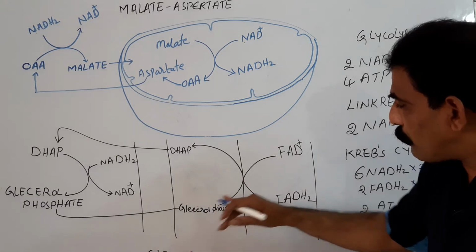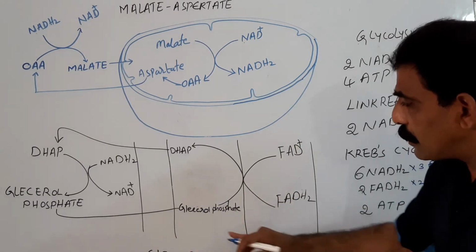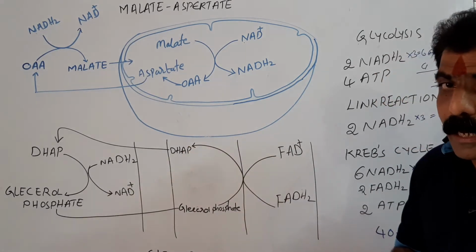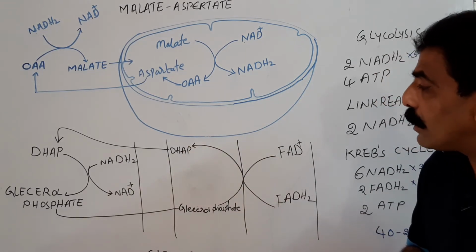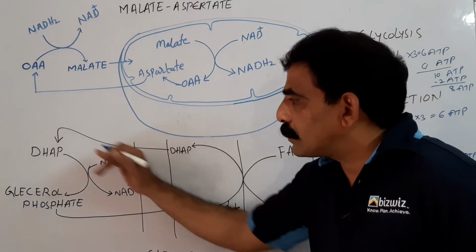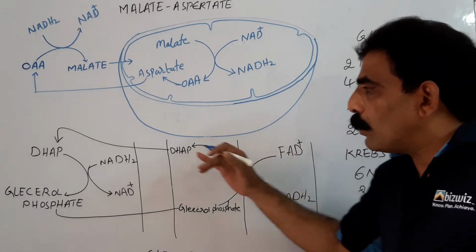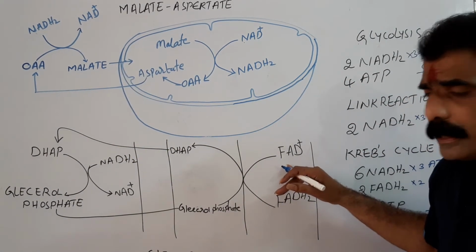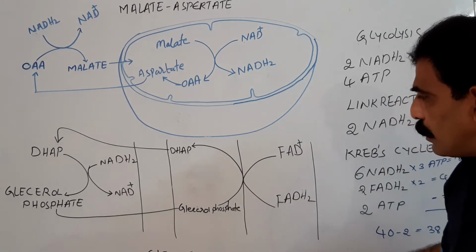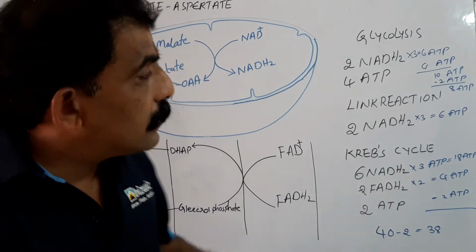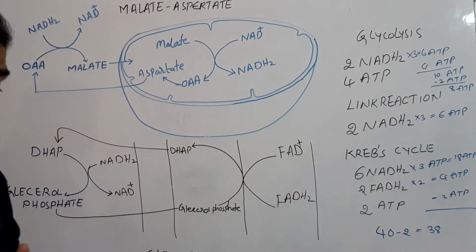Due to this transfer, glycerol phosphate is converted again to dihydroxyacetone phosphate. The dihydroxyacetone phosphate crosses the outer membrane from the perimitochondrial space and goes into the cytoplasm. So in the glycerol phosphate shuttle, FAD is reduced to FADH2, whereas in the malate aspartate shuttle, NAD plus is reduced to NADH2.